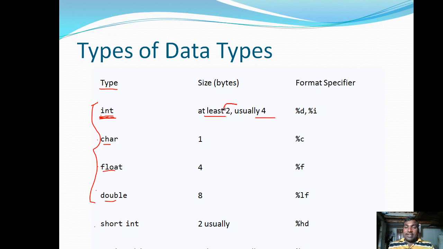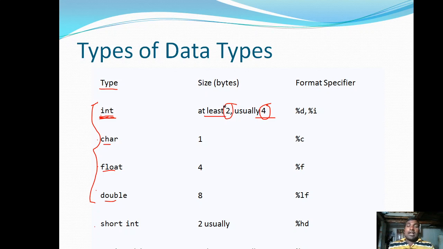The compiler will allocate either 2 bytes or 4 bytes of memory. It won't allocate 3 bytes, 5 bytes or 1 byte. It allocates either 2 bytes or 4 bytes depending on the architecture of the computer or the platform, the type of operating system.